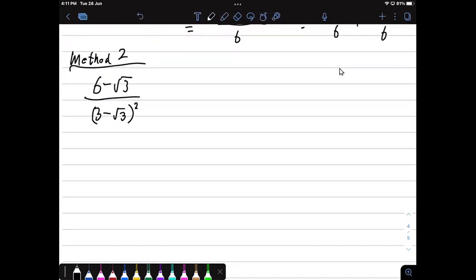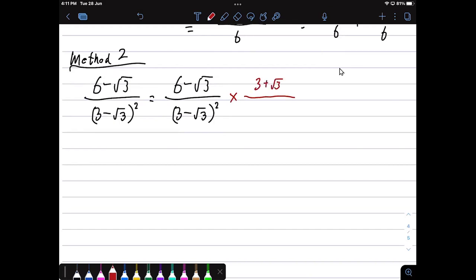So what I'm going to do is multiply the top and bottom by 3 plus root 3. But take note that this is power 2. So if I want to attack whatever is inside the bracket, I will need to have armor. I need armor, protection, power 2, protection, power 2.